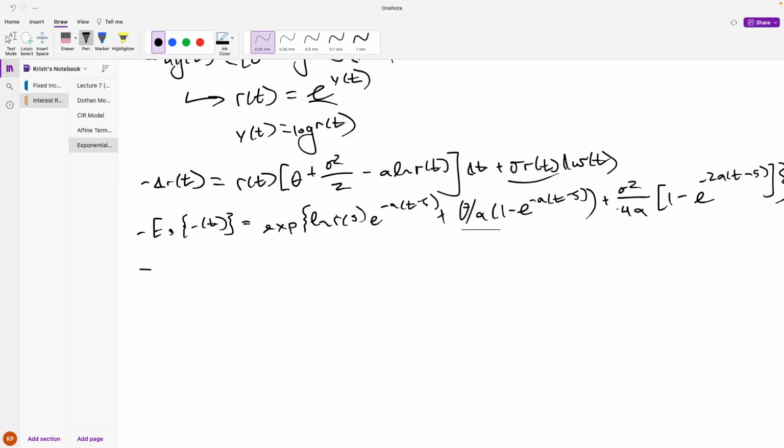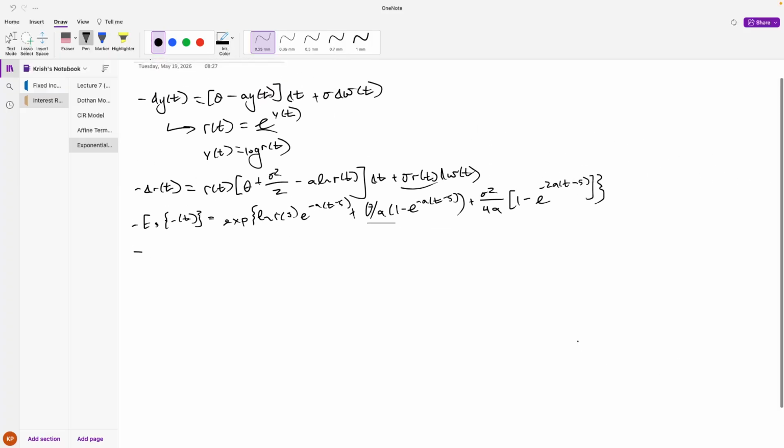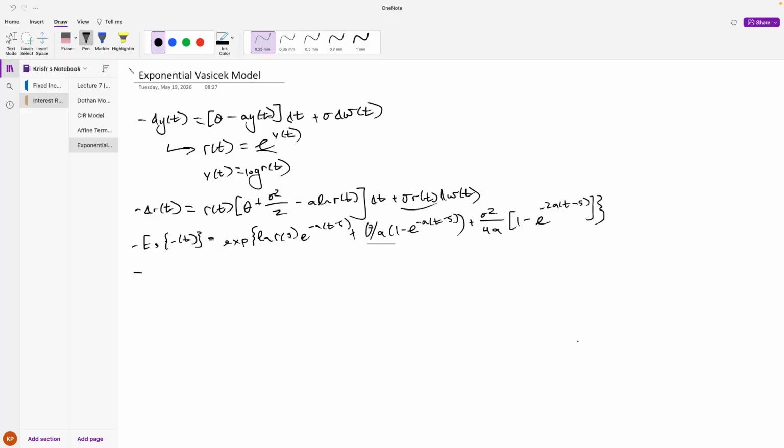But yeah, that's literally the exponential Vasicek model. When we're thinking about these model selection questions, we have to think about, first off, is it only positive, or does it allow negative rates? The answer here is that it only allows positive. We have the E property.